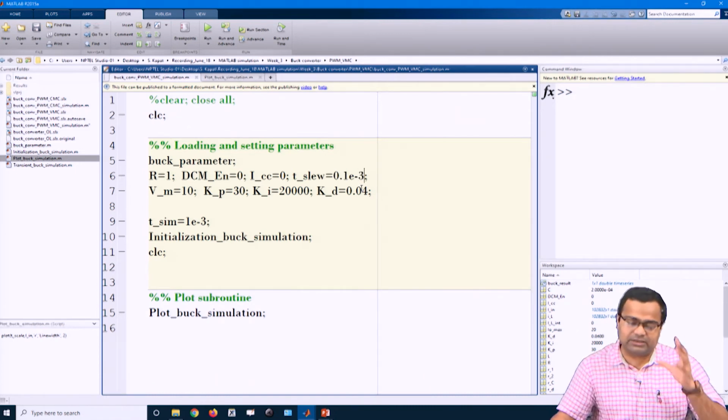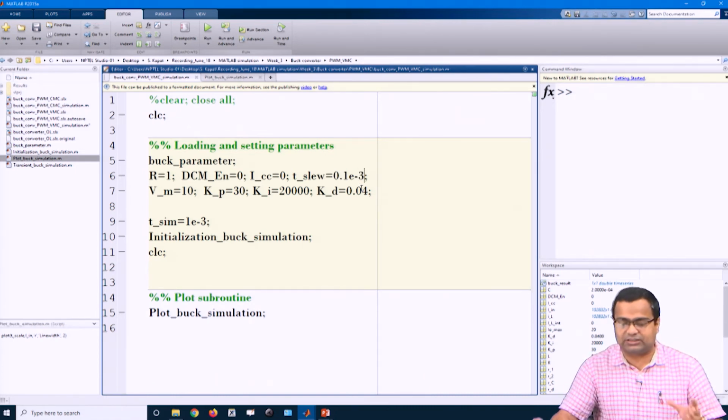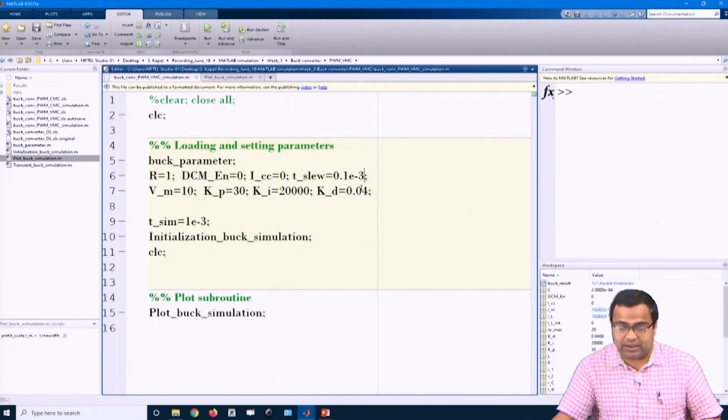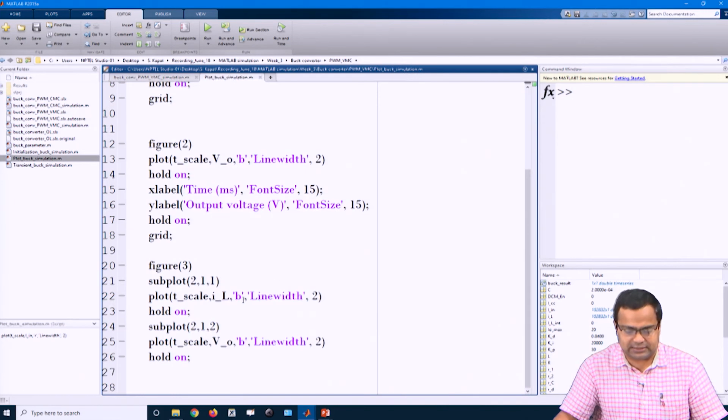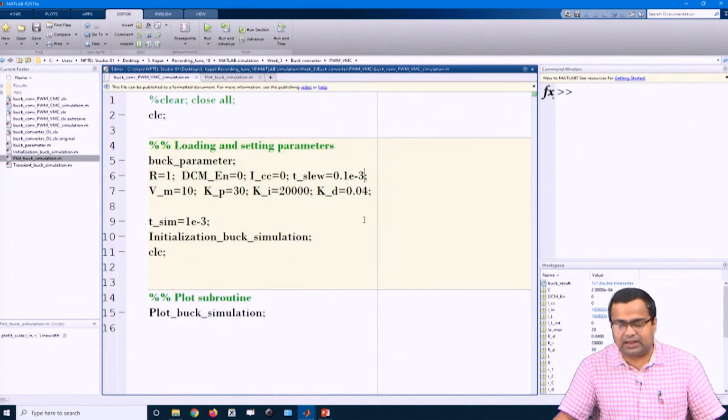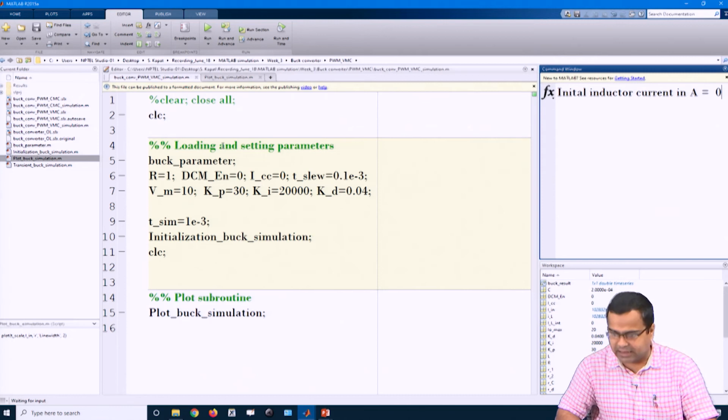That means it is the same as the original, and now we are putting 0.1 millisecond. Now let us change it to green color and see the effect. Earlier we set a very high slew rate, even though we had that block. Now we are rerunning the simulation to see what happens.